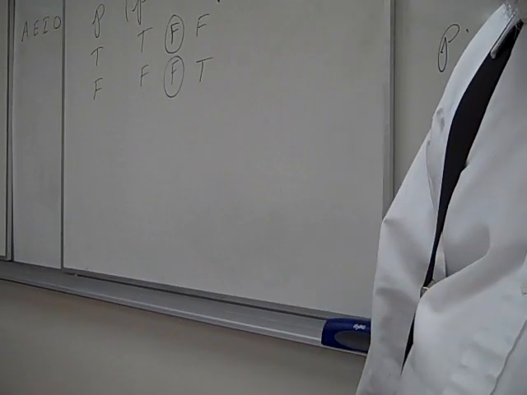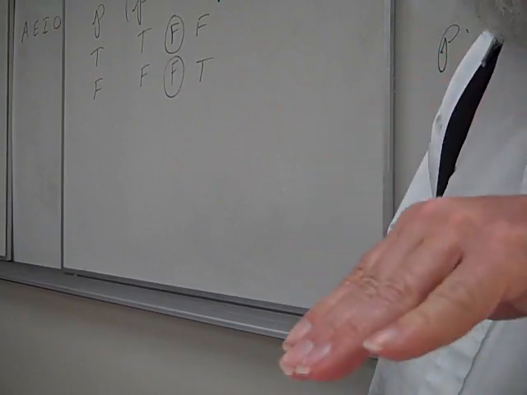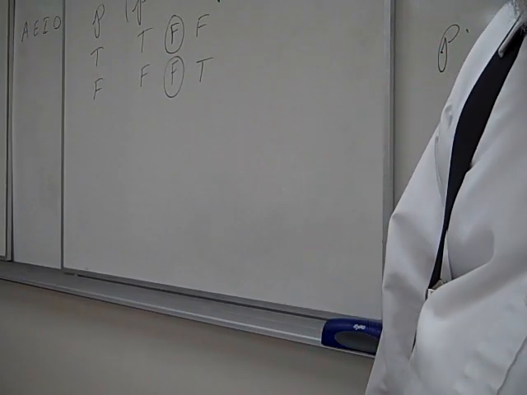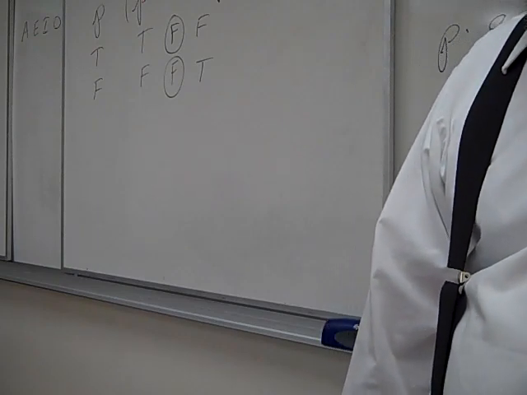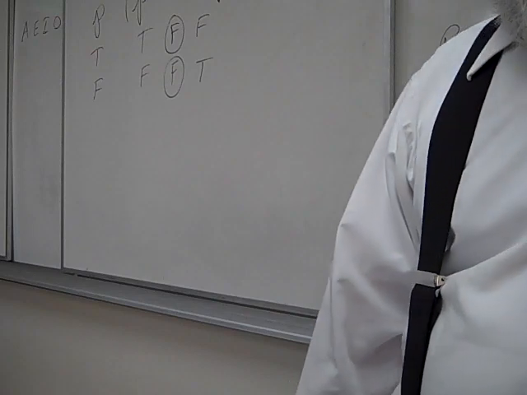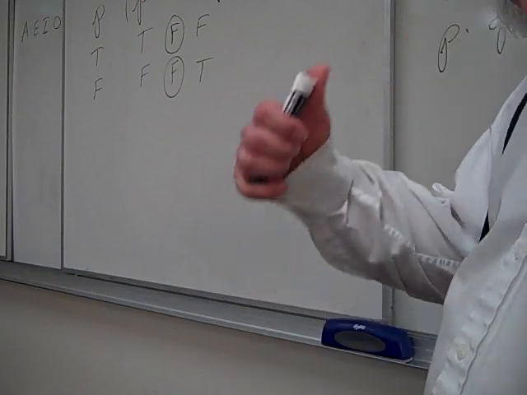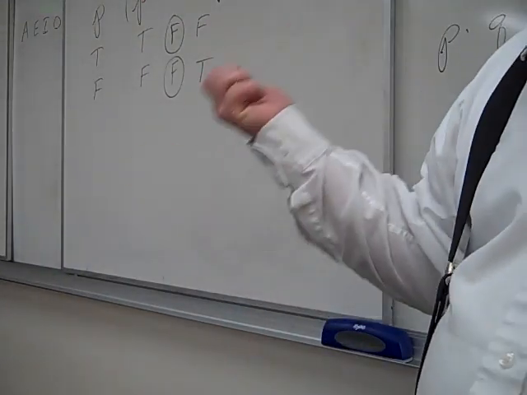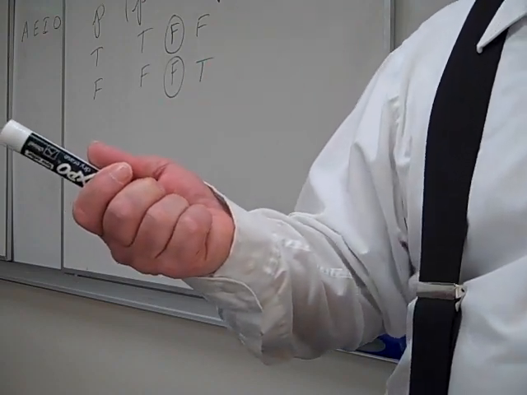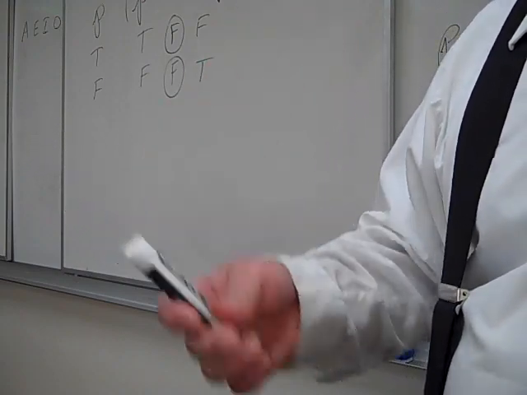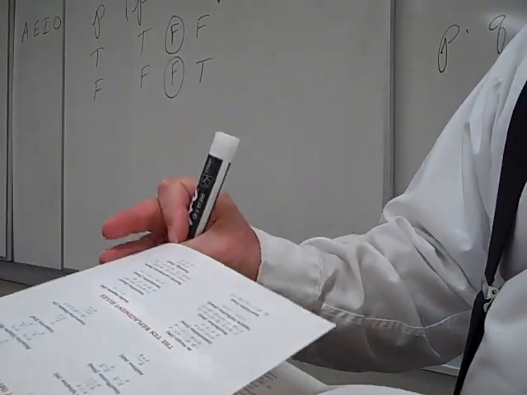In other words, they're logically equivalent. So you can say it's not the case P and Q, or you can say it's not the case P or not the case Q, and those two statements are logically equivalent to one another. It makes no difference which format you use to say it, you're saying the same thing. You see it? And by the way, we have the list of all of those in the back.